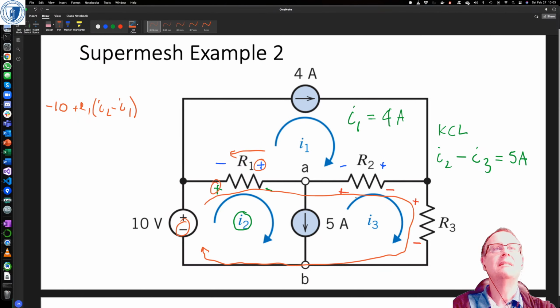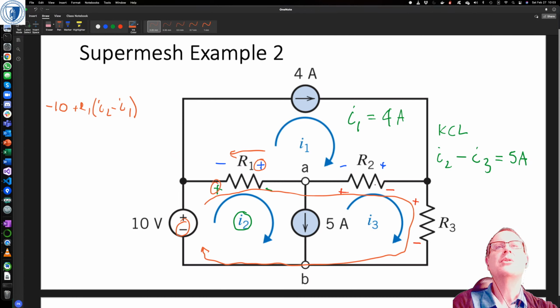And then the voltage across R2. Maybe I should have written down the KVL equation first, just the voltages, since I'm going directly to the third step, if you like.